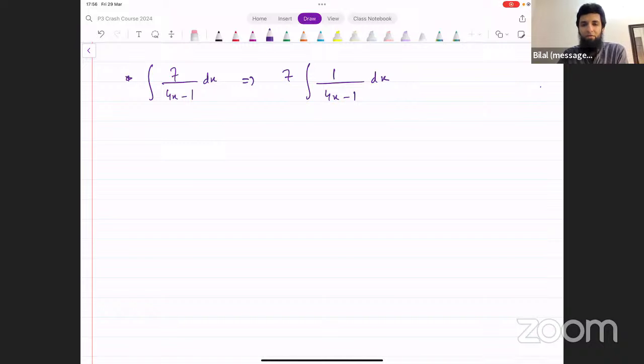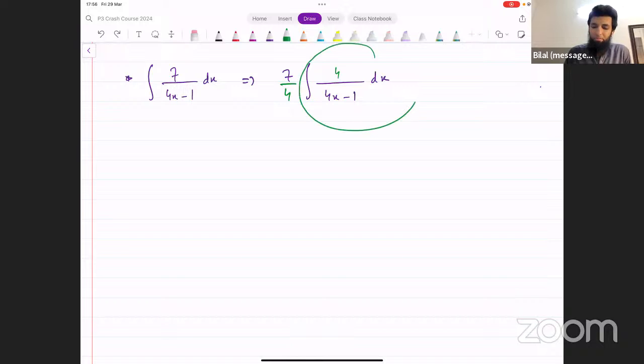In the numerator, we want 4. So what we do is we say, let's multiply by 4 and also divide by 4. Now, the 4 that you have in the denominator, instead of writing this inside, we could write this outside as well. That's just a constant. It doesn't matter if we write it inside or outside. So we multiply by 4 inside and we divide by 4 outside.